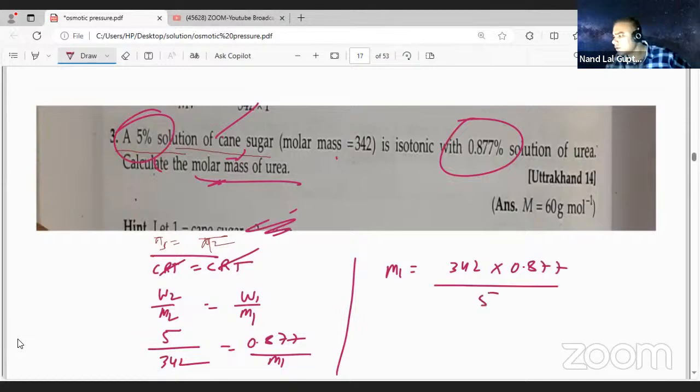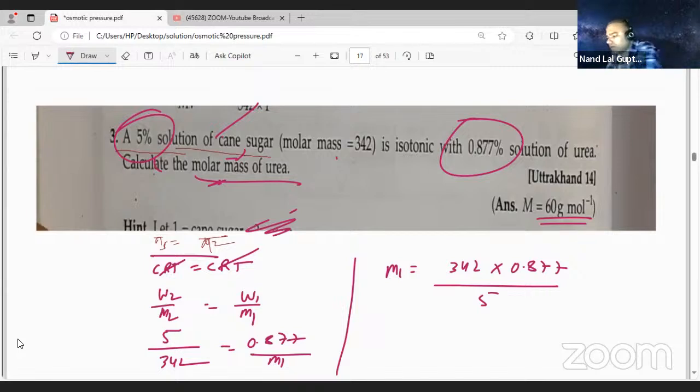If you solve this one, dear students, let me check the answer, how much is coming. The answer is already given, student. Here 60 they have given.